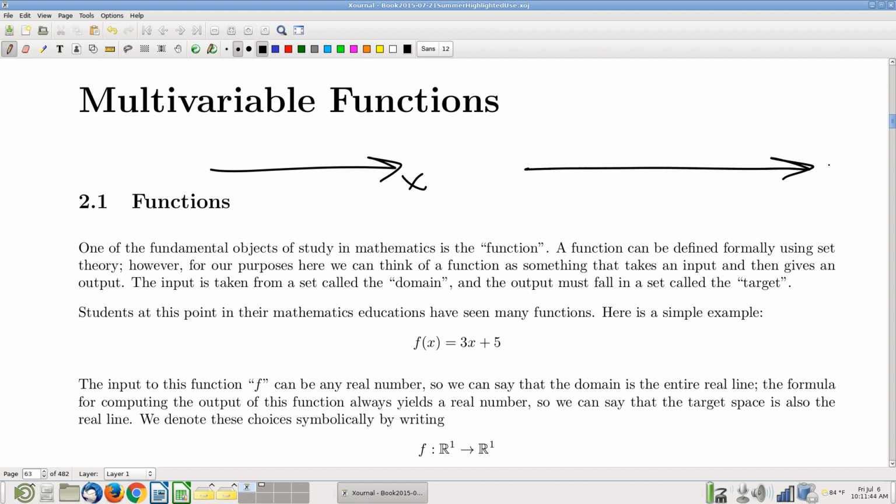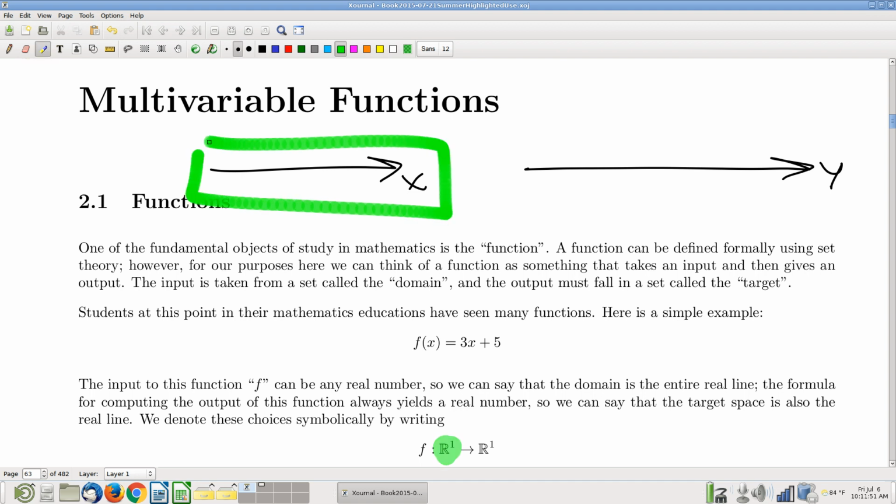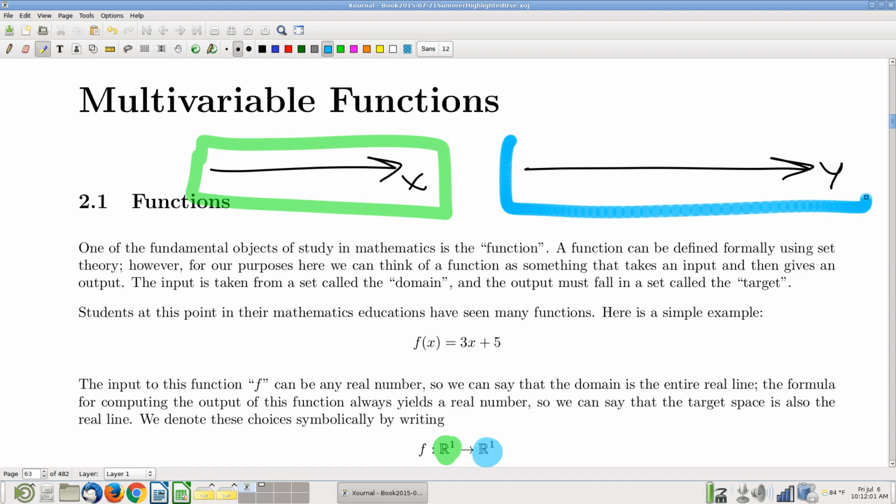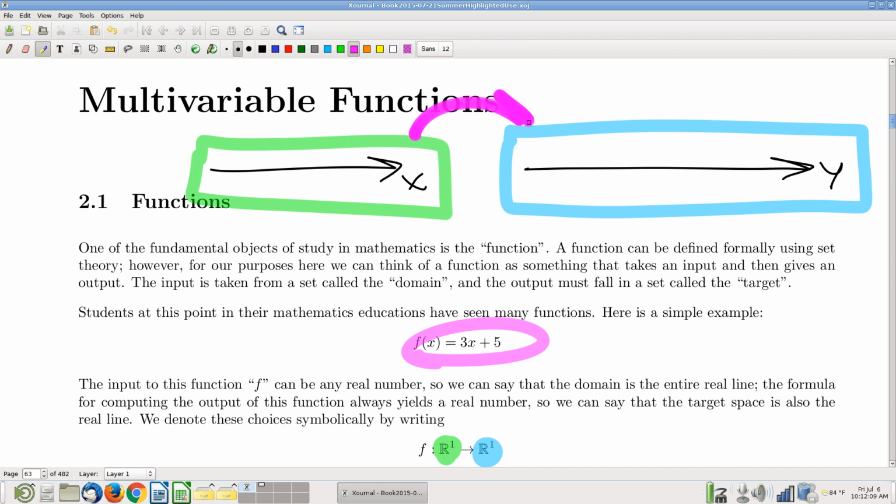Here's my outputs on the y-axis. The domain, things that go into this function, the entire x-axis. The target, the entire y-axis. Here's this formula that tells me how to take an x and get a y.